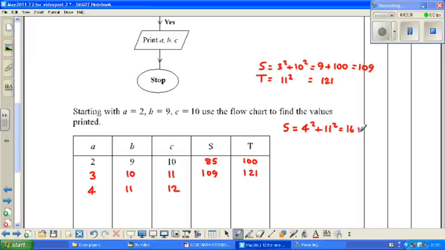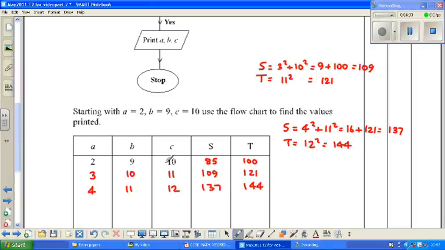So that's 16 plus 121 equals 137. And then T is equal to C squared. C is now 12, so that's 12 squared equals 144. And the question is, is S equal to T? No, it's not. They're still not equal.